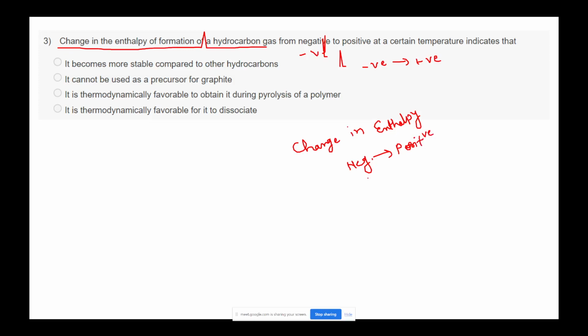So what will it indicate? That is what the question is asking. You should know what it indicates when the change in enthalpy goes from negative to positive, and what it indicates when a reaction's change in enthalpy goes from positive to negative. You should be very clear about these two, and what exactly they are telling you. Okay, so can you guess what it could be?